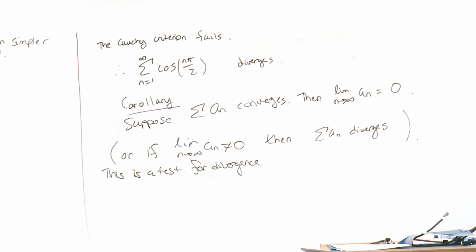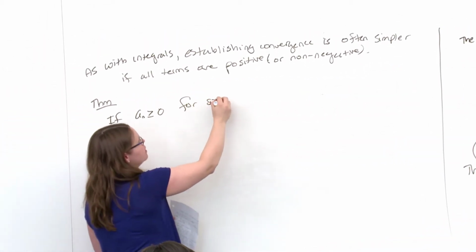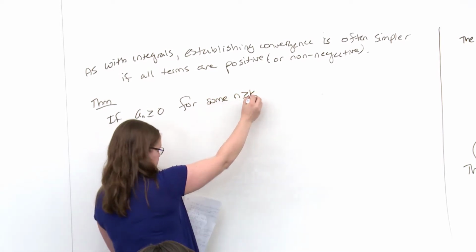So one result we have is really analogous to a little theorem we wrote down for integrals. It's almost the same theorem. Suppose that a_n is bigger than or equal to 0 for some n bigger than or equal to k.